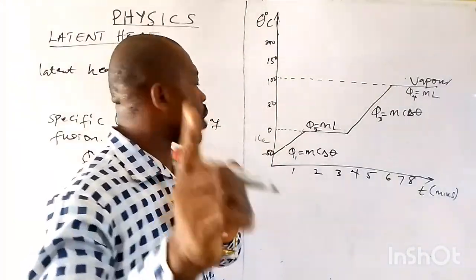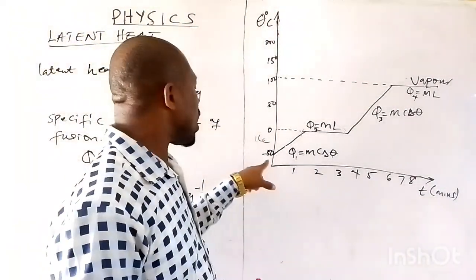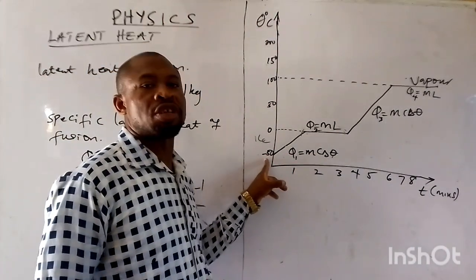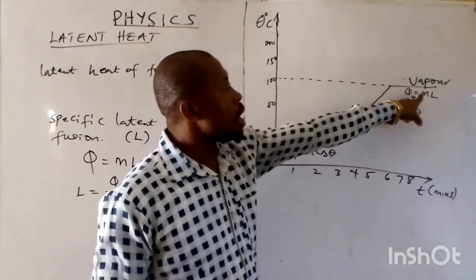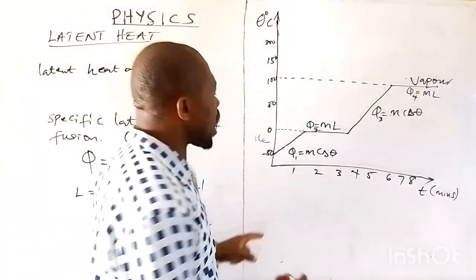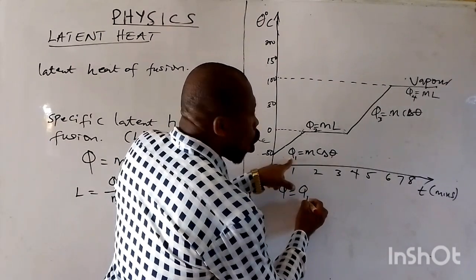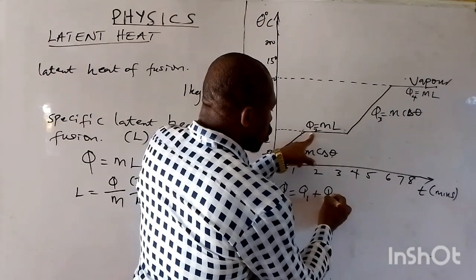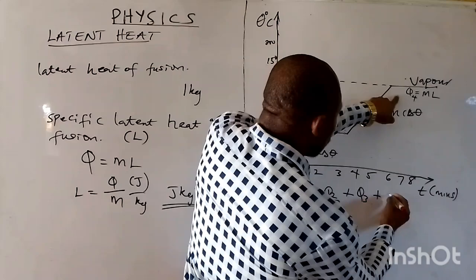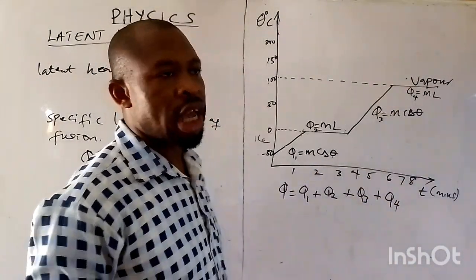Assuming you are asked to calculate the total heat taken to convert a certain mass of ice at minus 50 degrees Celsius to steam at 100 degrees Celsius, Q will be Q1 plus Q2 plus Q3 plus Q4. That is the total heat required in this process.